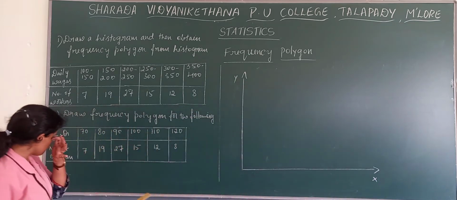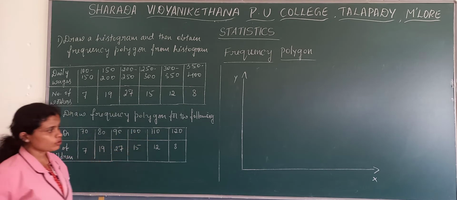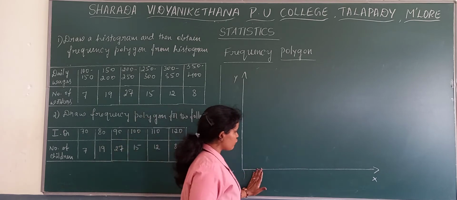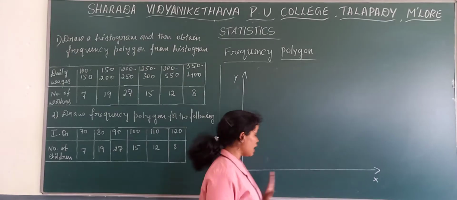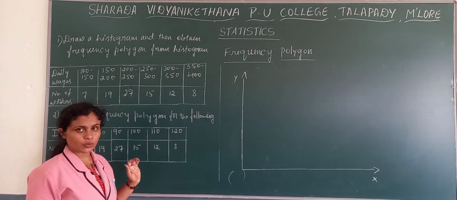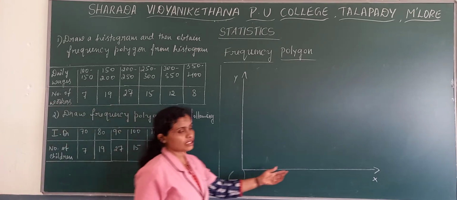See the values there: 70, 80, 90, 100, 110, 120. We can start directly from 70, 80, 90, 100, 110 and 120, or else we can start from the beginning, 10, 20, 30, 40.